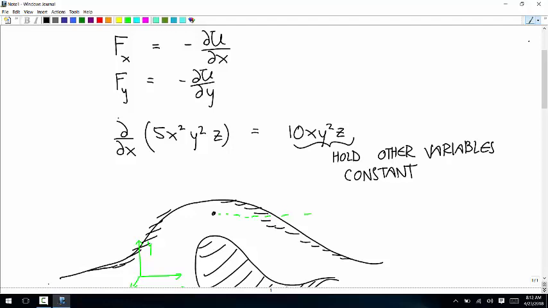That's what that negative enforces. The force pushes you to a lower potential energy.